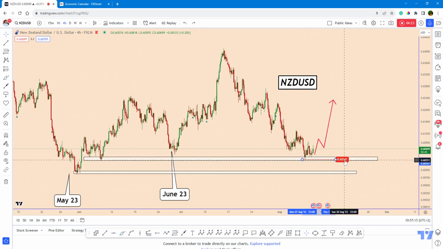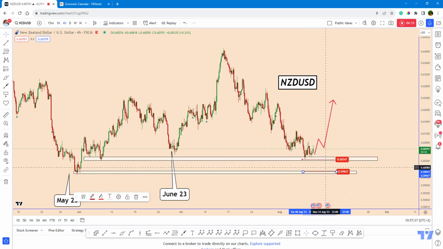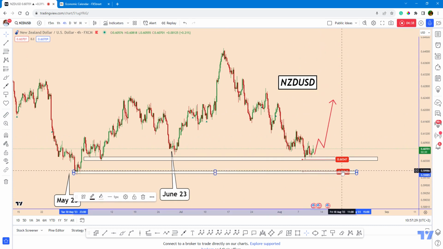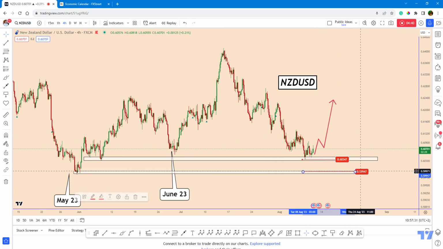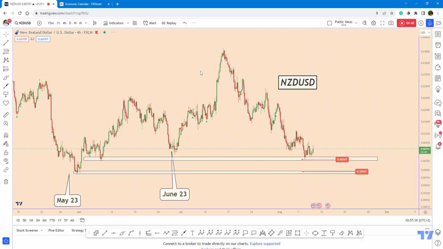And if we look at this area very carefully, this is not too far away. We are talking about 70 pips or 80 pips from the current market price. So we have to be very careful. If the price is going to bounce at this moment, we have to see any movement.